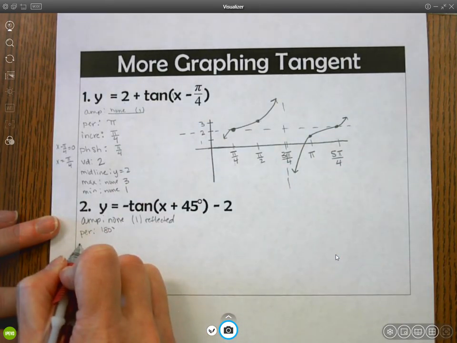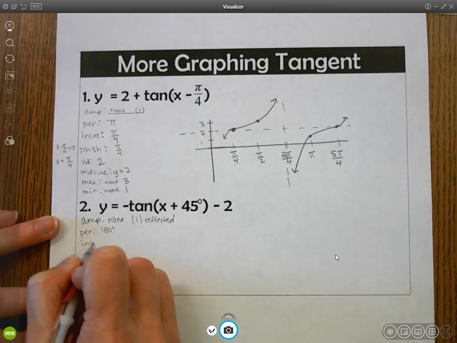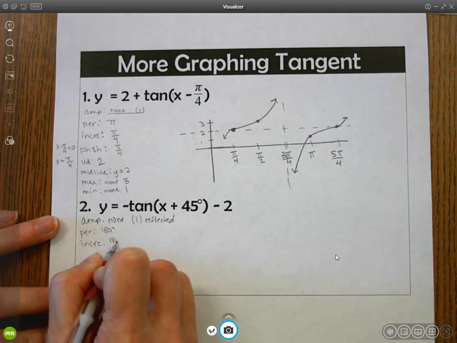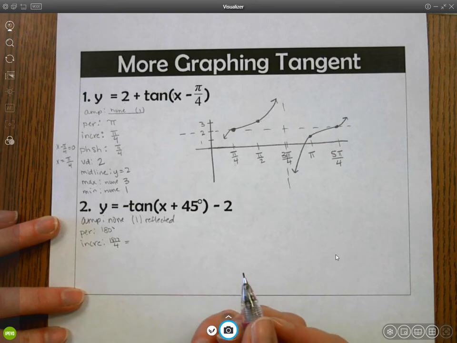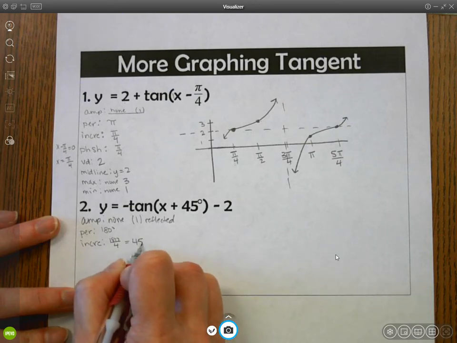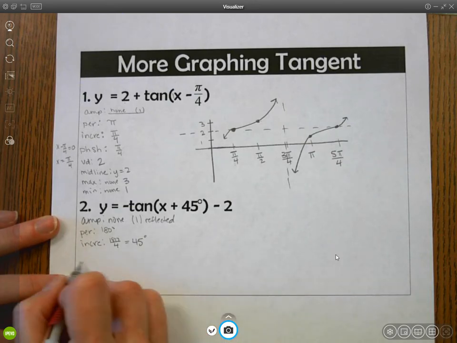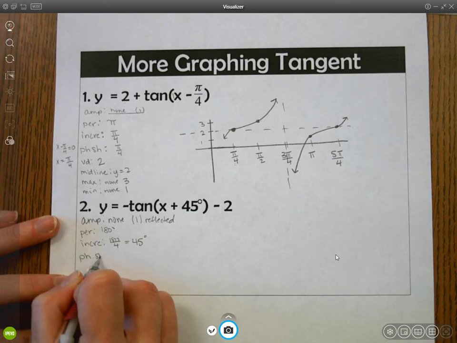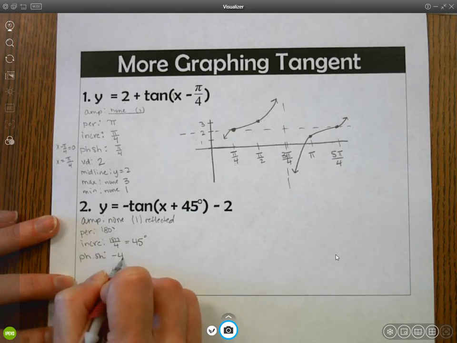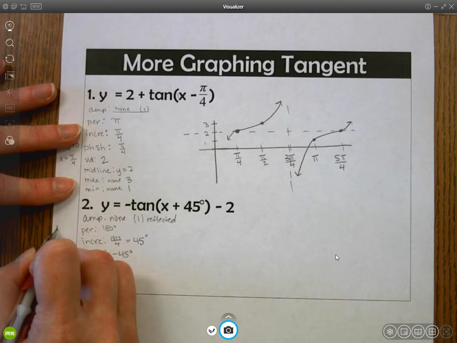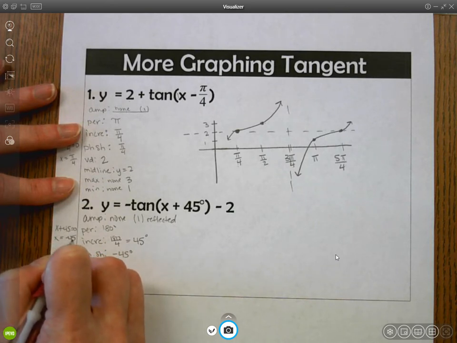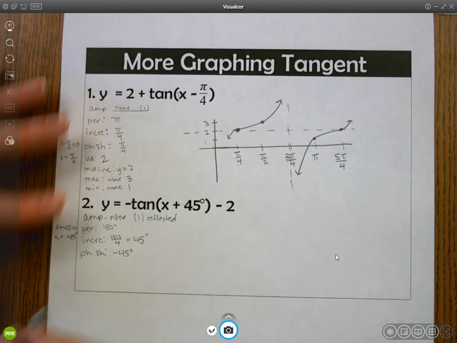So our increments, we're going to take 180 divided by 4, which is what, 45? Our phase shift is going to be negative 45, because if you take x plus 45 equal to 0 and solve, you get negative 45.